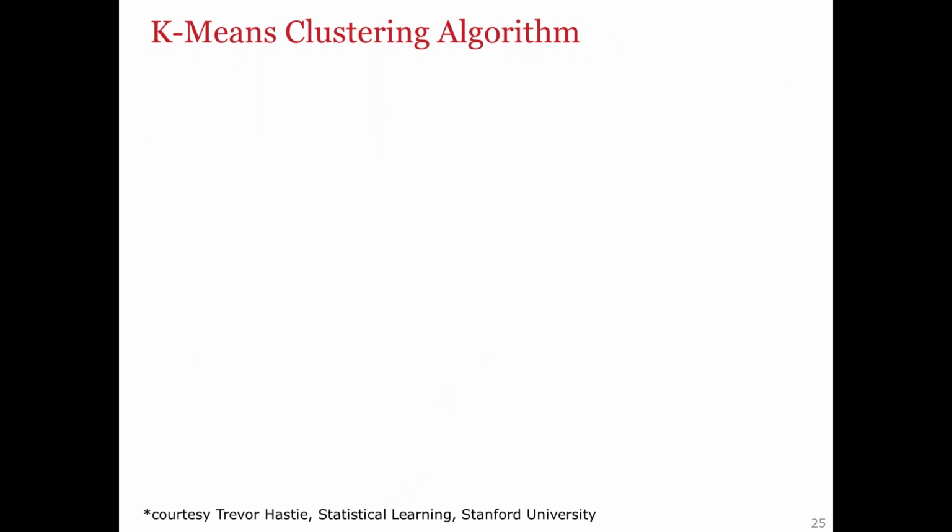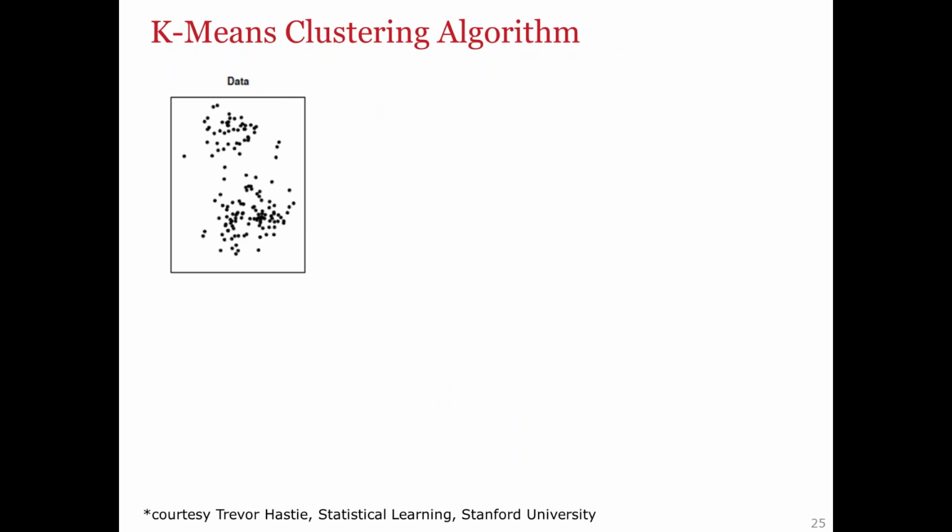So one simple example of an unsupervised learning example is a k-means clustering algorithm, where we come up with some intuition about how many different clusters exist.